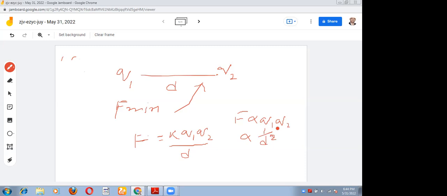So if you apply Coulomb's law, it should be k Q1 Q2 by d square, correct? Right or wrong? Yes, sir. But here still it is not correct. Even if I write Coulomb's law, this value of force is not correct.